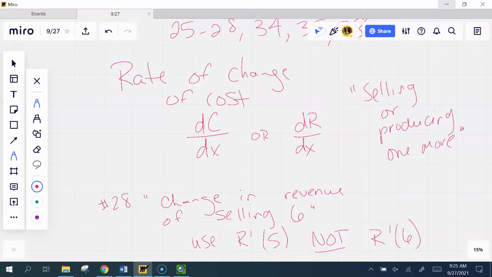Because it says, use the function R prime to estimate the increase in revenue that will result from increasing sales from 5 desks to 6 desks. I'm going to use R prime of 5 there, not R prime of 6. Because if I want to know the rate to get to the next one, I use the one prior to it. So if I want the increase in revenue from 5 to 6, I take the derivative at 5 and not at 6. At 6, that would give me the revenue at 7. Okay, all right, that's all I got. I'm done.